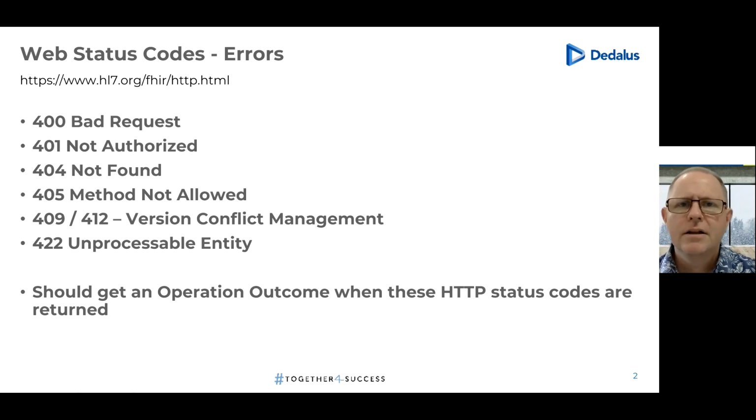So some FHIR servers support a method whereby if you supply a client provided ID or internal ID, the FHIR server can create that record in the same way that it would have been against a post, but it would use that internal ID that you're passing as the ID to the record. Not all FHIR servers support that, and if you're trying to do this against a FHIR server that doesn't support creation on put, you'll get a 405 method not allowed.